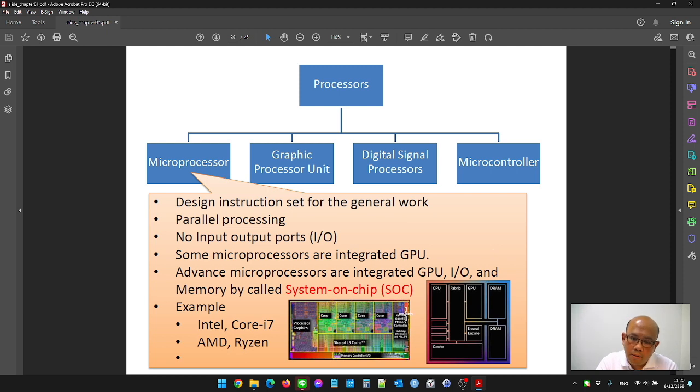Why do the chip makers integrate the I/O and GPU into the chip? Because it reduces the transfer time from the GPU to memory and to the I/O devices. All of the modules are installed on the wafer in the chip, so the transfer is very fast, at very high speed.